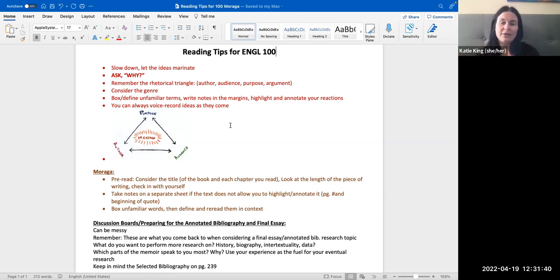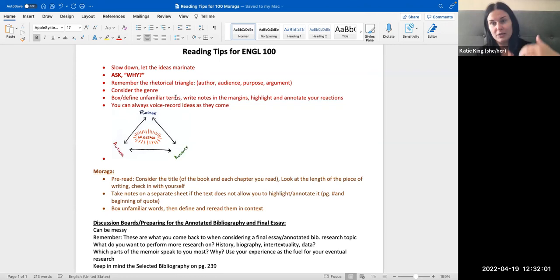So as I've mentioned before, when you encounter unfamiliar words, you'll want to maybe put a box around them and then pull up your Google definition or your dictionary, what have you, anything that can provide a definition of that term, and then reread it in context.